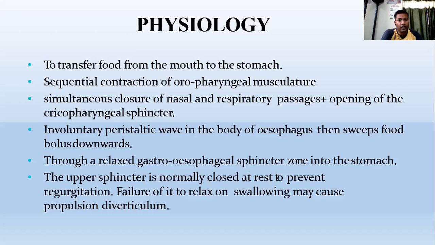That's why it's a very important structure that is always closed. Once it delivers the food into the cardia of the stomach, it closes automatically. And when food enters the esophagus, it relaxes itself, so that the food moves smoothly with the peristaltic movement from the esophagus to the stomach.